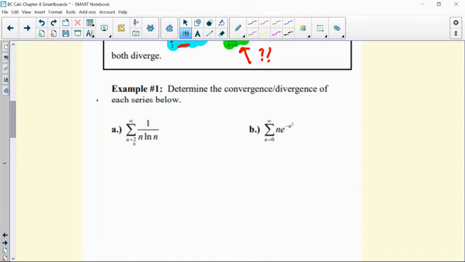So what I'm going to look at is I'm going to redefine this as a function f of x equal to 1 over x times ln x. And I'm going to make a note. First of all, f of x is positive. I know that f of x is continuous on the given interval starting at 2.